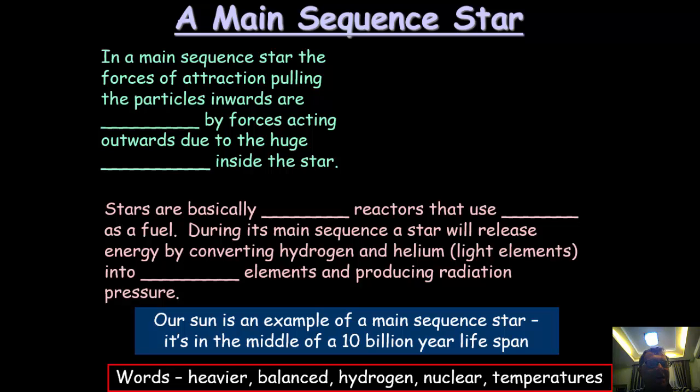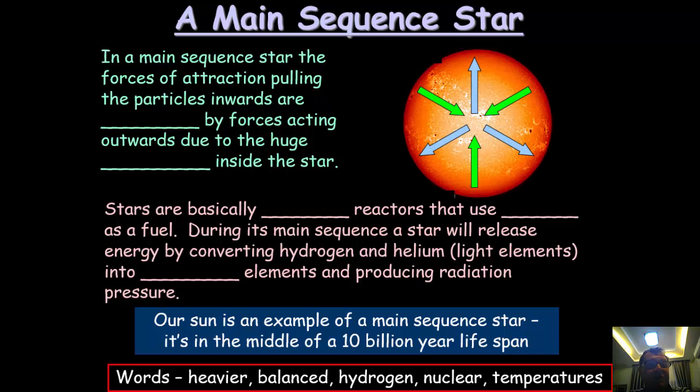In a main sequence star, the forces of attraction pulling the particles inwards are balanced by the forces acting outwards due to the huge temperatures inside the star. So these two factors balance out.